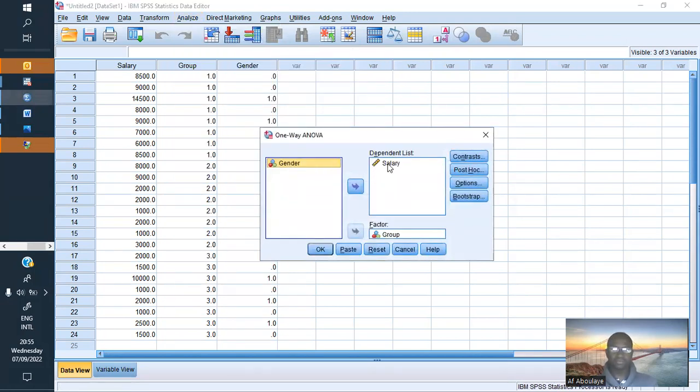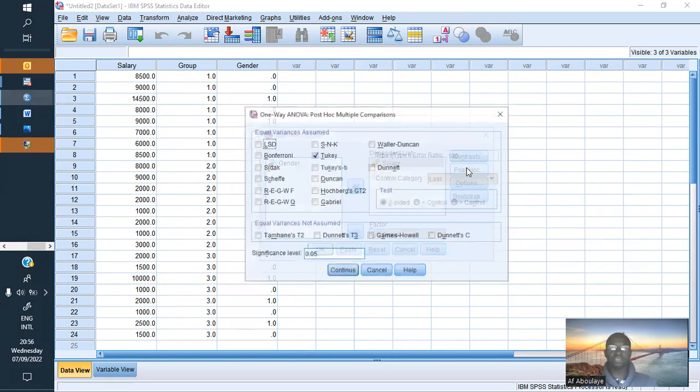Let me bring them back and see how normally it should be. It should be like this. And now I should be putting my dependent variable here, which is salary. And now here we choose one way, and we can take group and put it here. And now we want the result to come with the post hoc immediately.